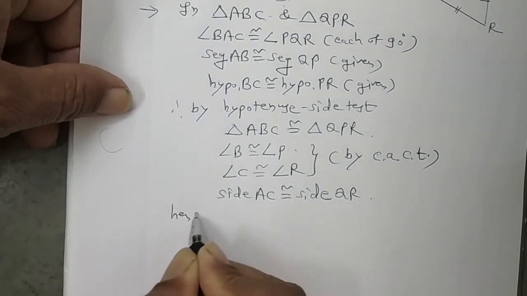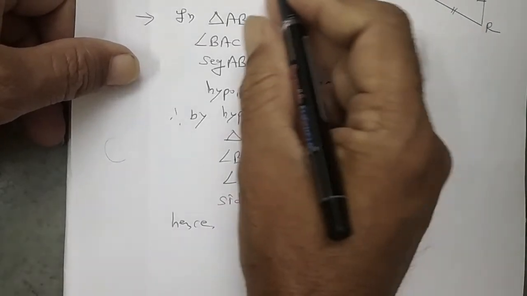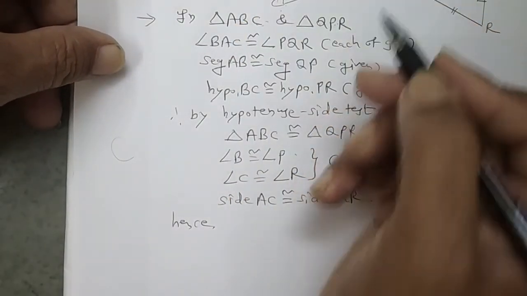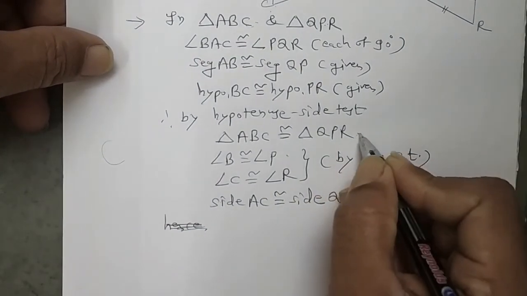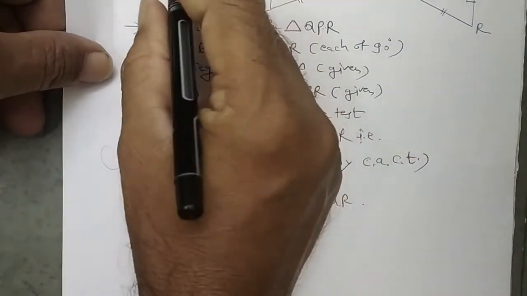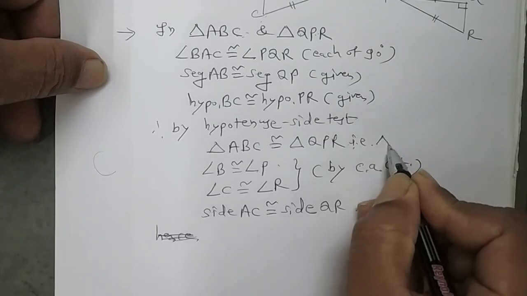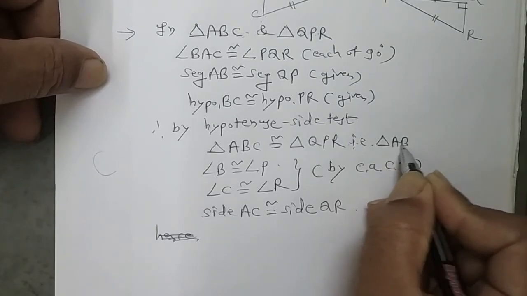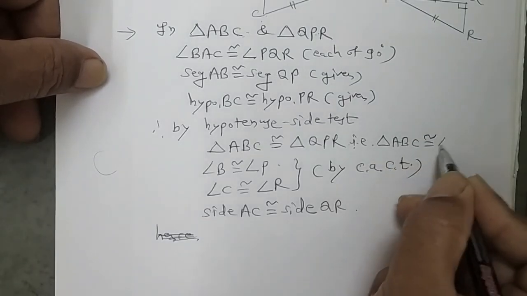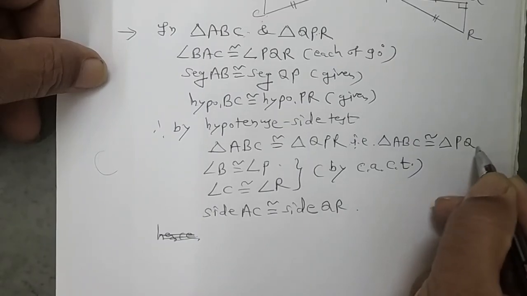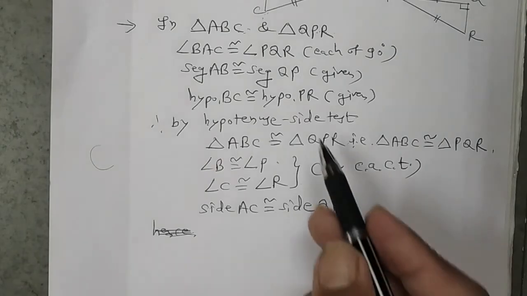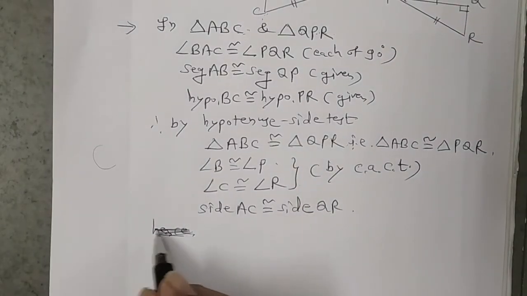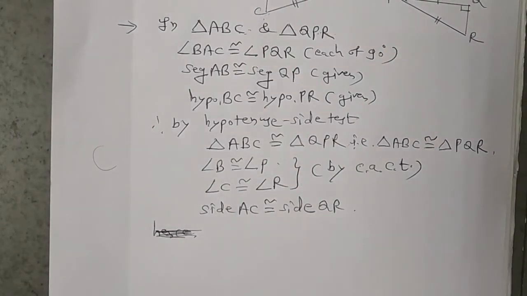Hence we write that triangle ABC is congruent to triangle QPR. These two triangles are congruent and their corresponding sides are also congruent. This is the answer. Thank you.